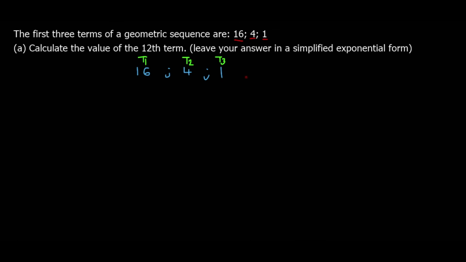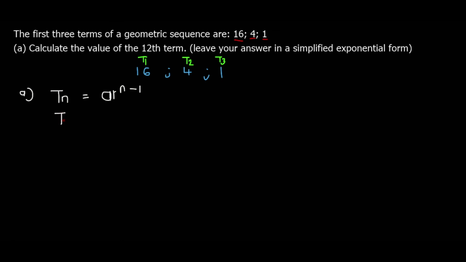But that is time consuming, because we have the nth term formula. With the nth term formula, we can find any term of the sequence. Tn is equal to ar to the power n minus 1.